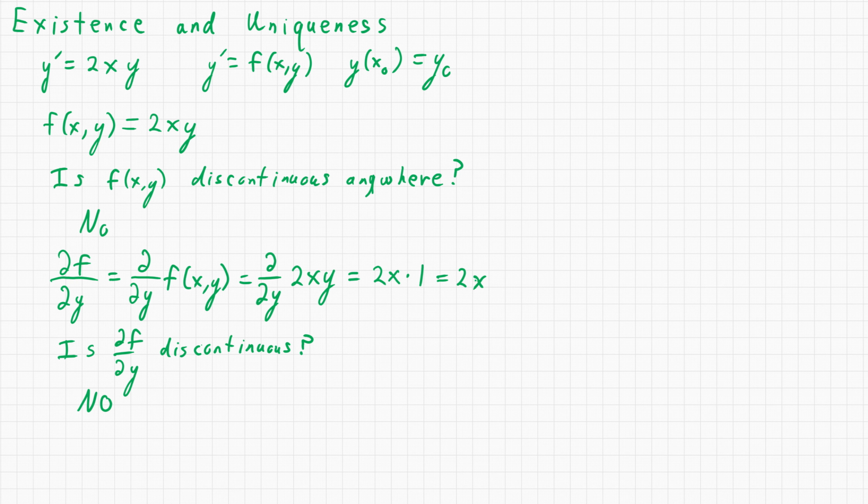You plug in any x you want, 2x is going to be a well-behaved function. So from this no, that meant we had existence, meaning there's at least one solution. And from here, we have uniqueness.